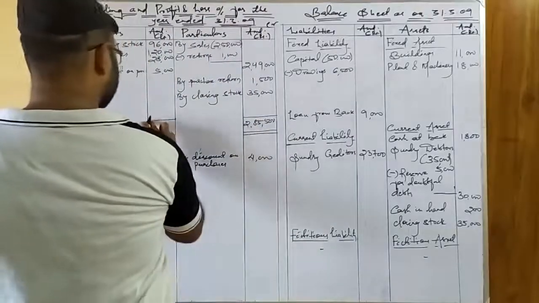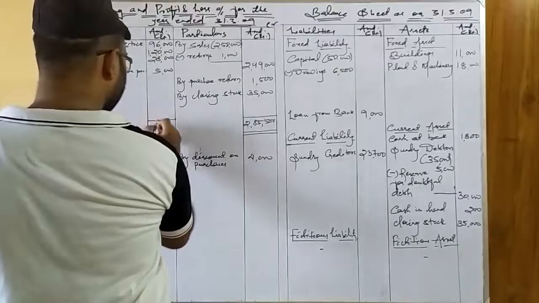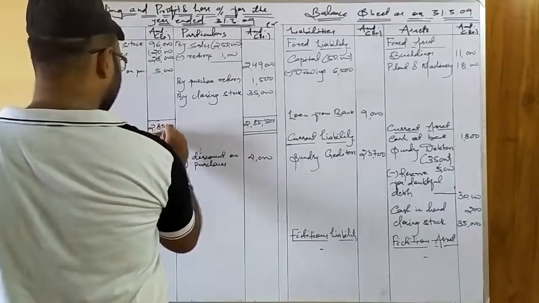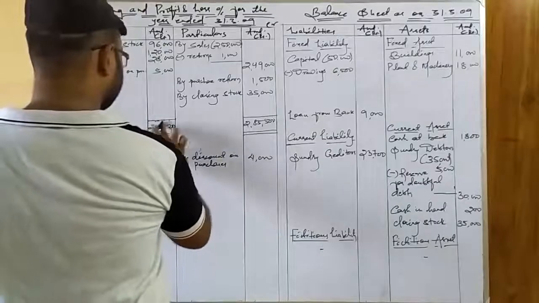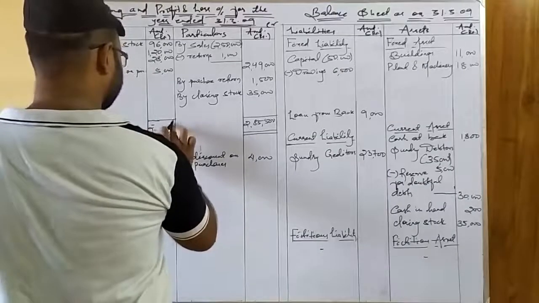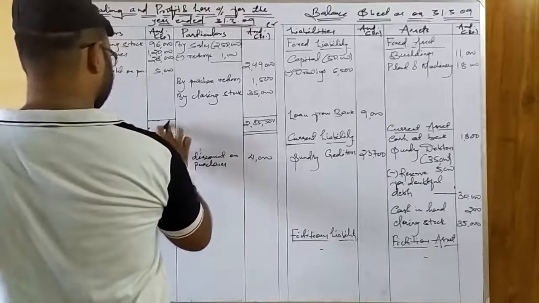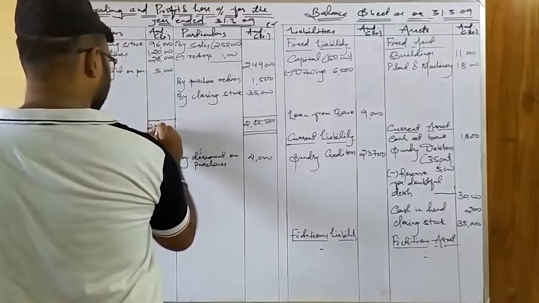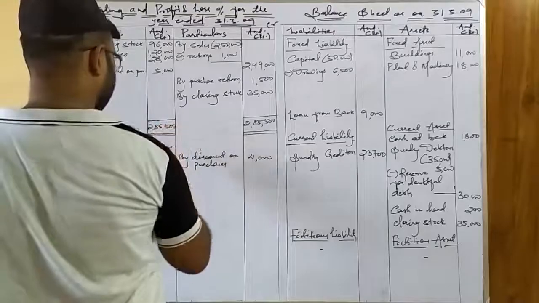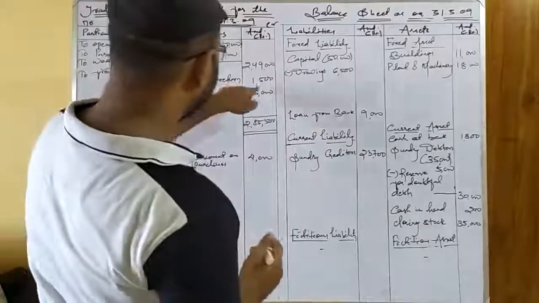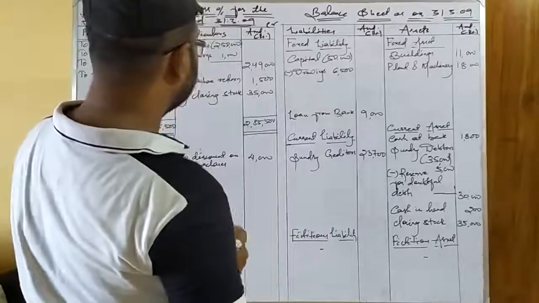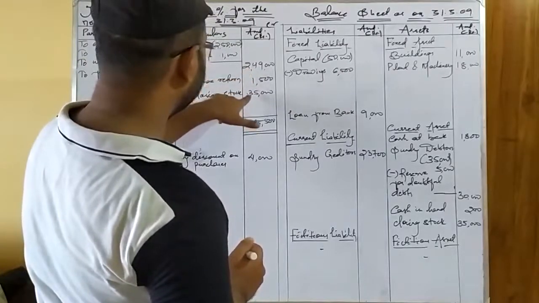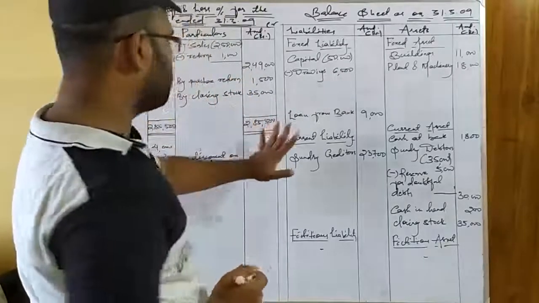So as per the matching concept rule, we will put the highest total on both sides, 2,85,500. Okay. So see, again we can check that 2,50,000, 2,50,000. Okay, so the total comes correct.